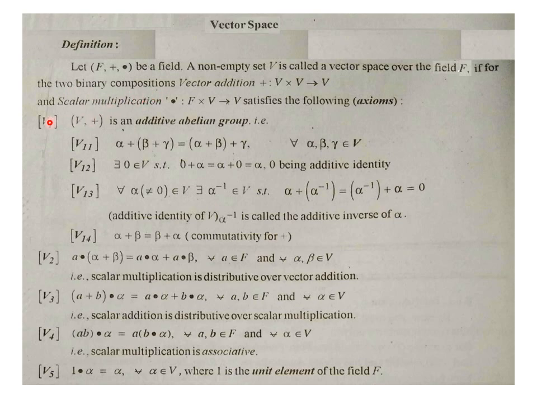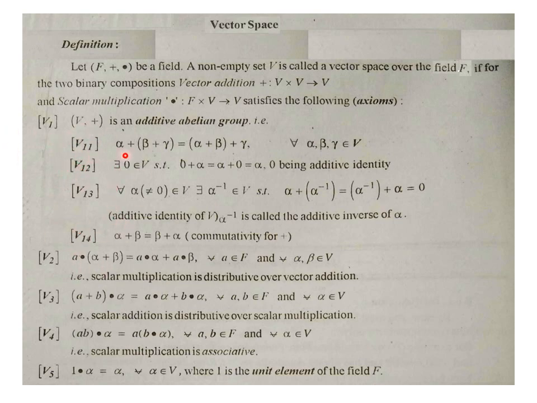Then V1 to V5, five axioms, are to be satisfied. Then only we can say that set V is called a vector space over field F. The first axiom V1, which is written as V comma plus, is an additive abelian group, and that is further bifurcated into four components. So V1 means V11, 12, 13 and 14, four different constraints.